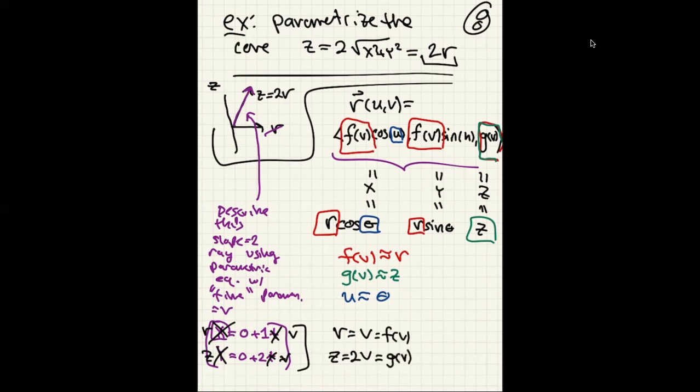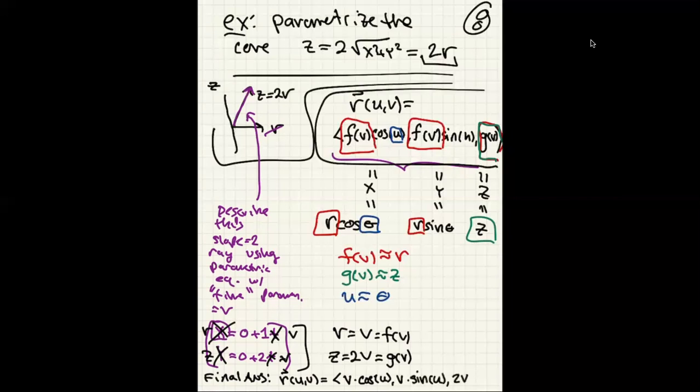And so our final answer for the parameterization is v times cosine of u, I'm just writing where that r goes, I'm really using this structure up here, v times sine of u, and then 2v.